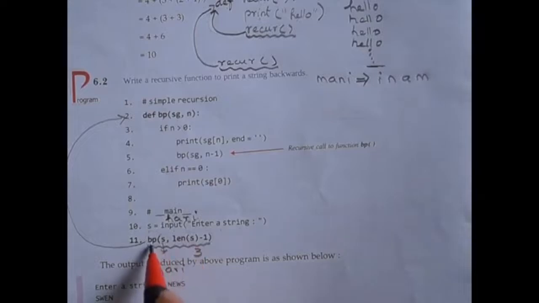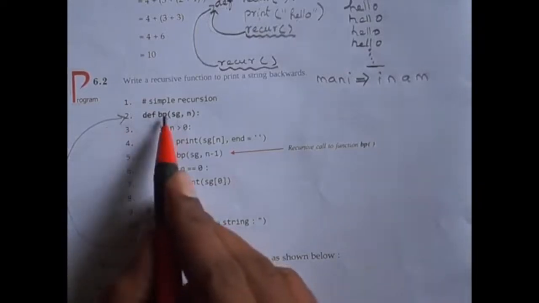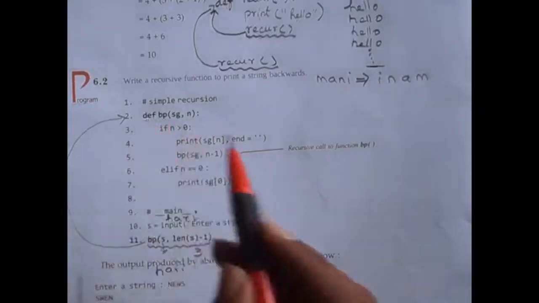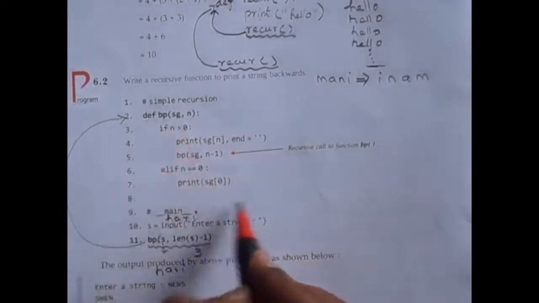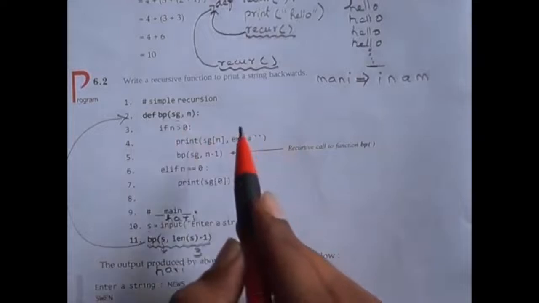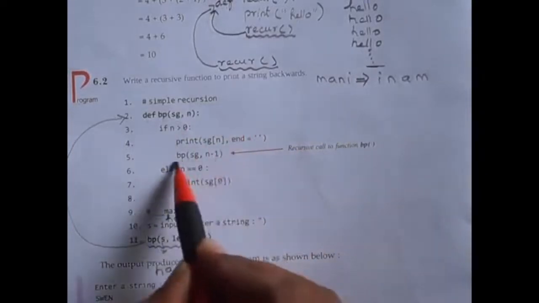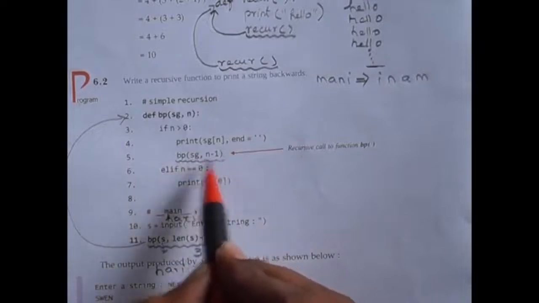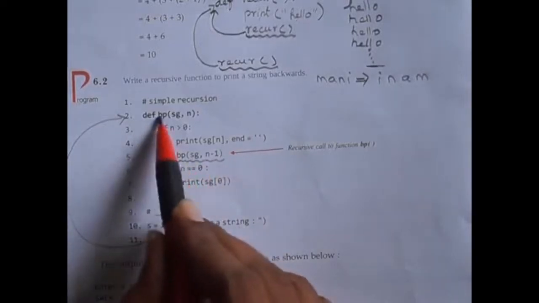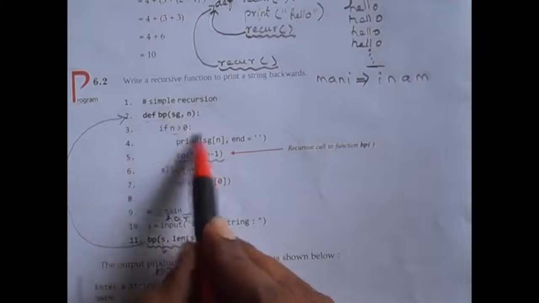So it is a function call statement. This will call the BP definition, so this BP definition will be executed. Can you see this one? BP function. This BP function will call this one, and once again this will be executed.